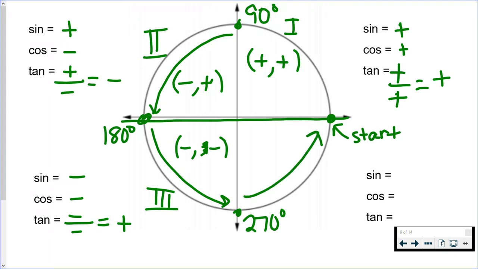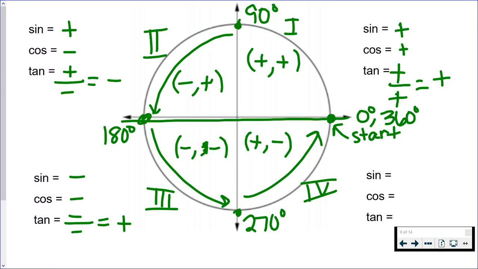Moving on to the fourth quadrant. If I go another 90 degrees, I said earlier that this is 0 degrees, but if you make a full rotation, it's also 360 degrees. Now in this quadrant, I move to the right, so my x value is positive, but I move down, so my y value is negative.